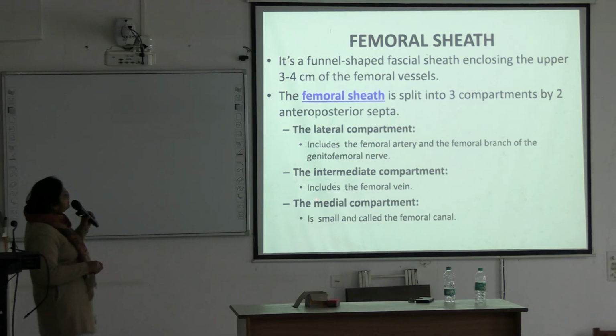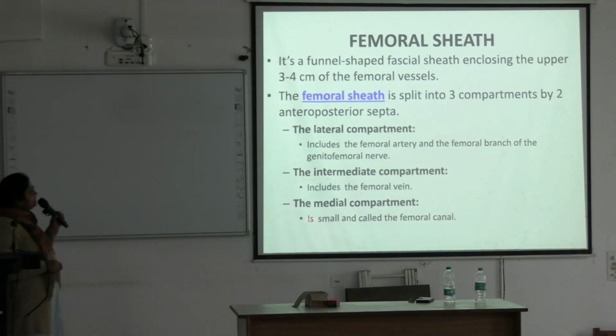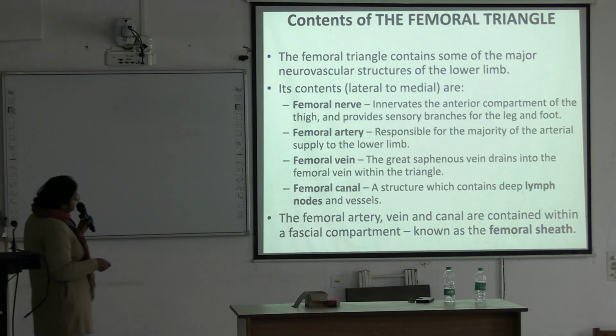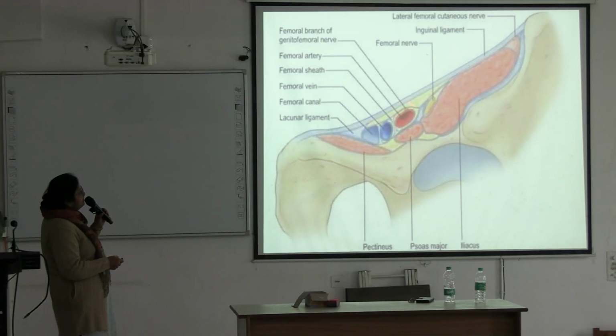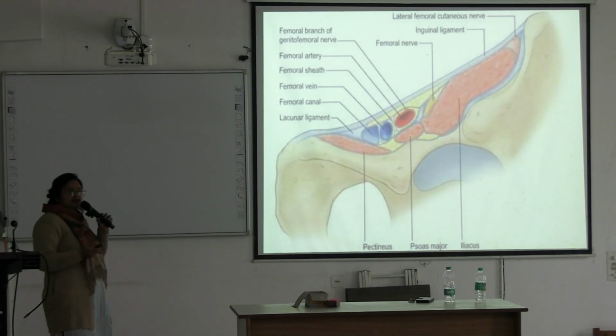The intermediate compartment includes the femoral vein, and the medial compartment is small and called the femoral canal. Okay. So see here, this is the medialmost compartment, the femoral canal, the intermediate compartment containing the vein, and the lateral compartment containing the femoral artery.